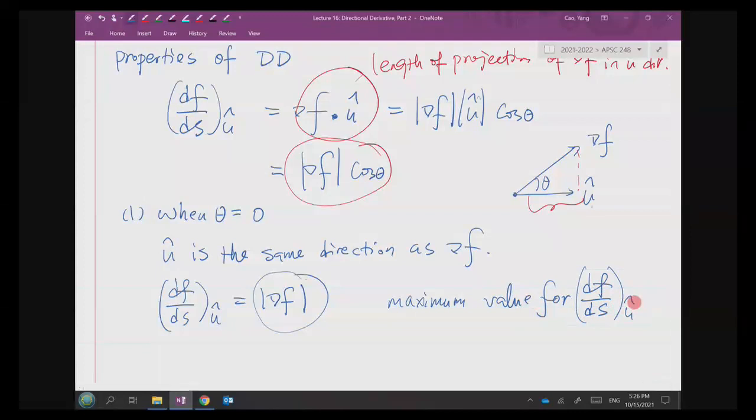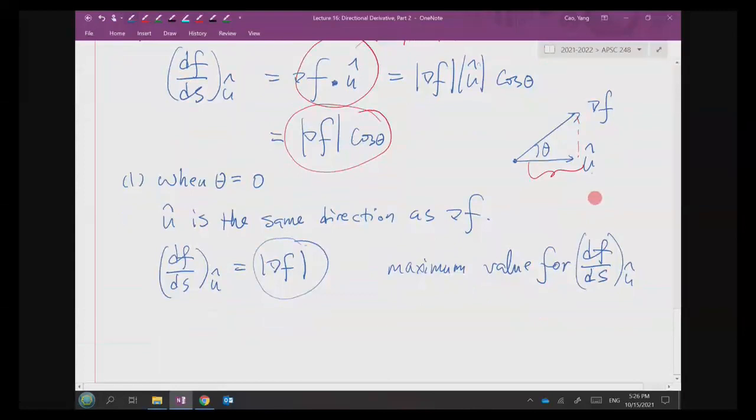Okay, that's a very important observation. Directional derivative gives you the rate of change of the function f for a small change in a certain direction.